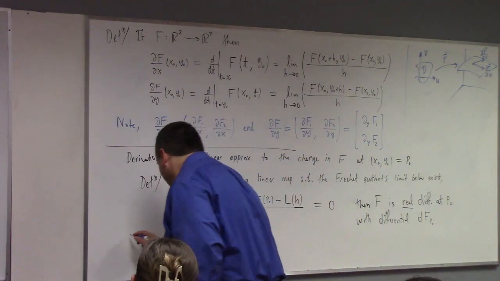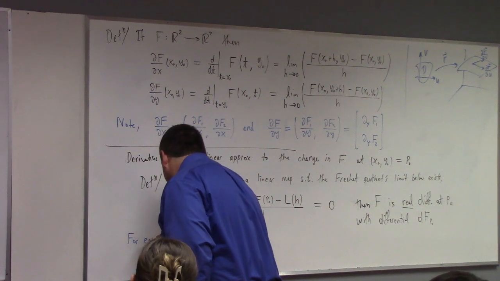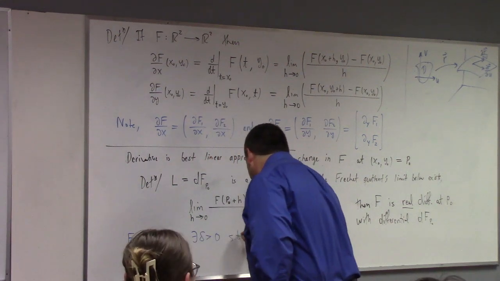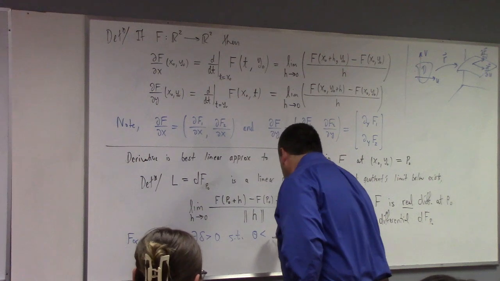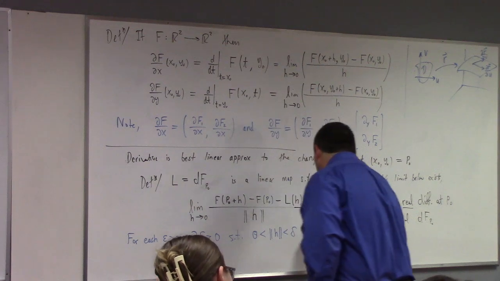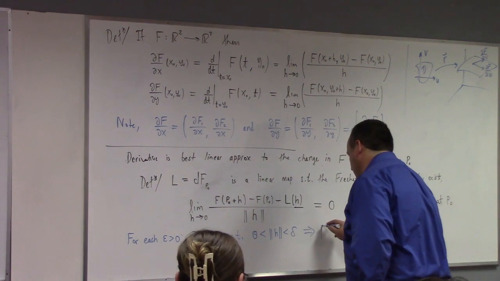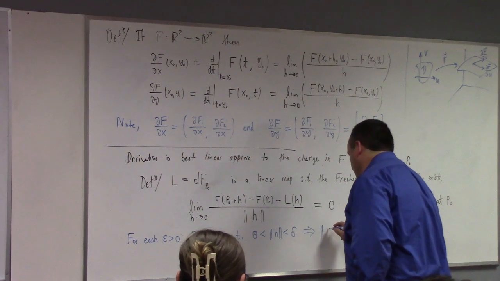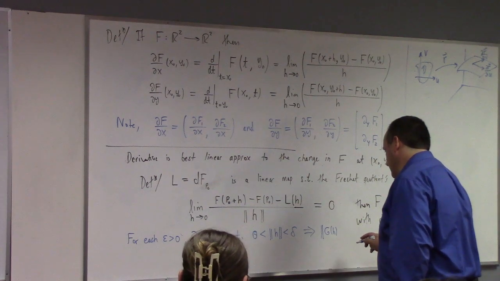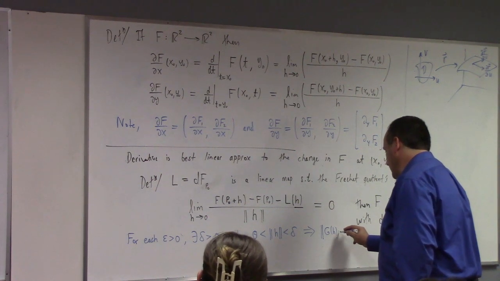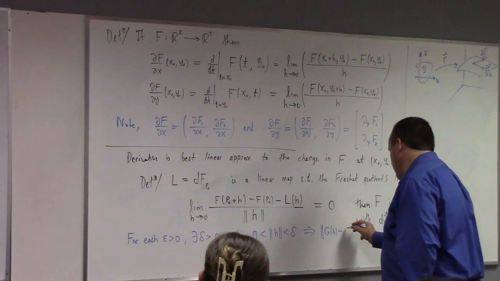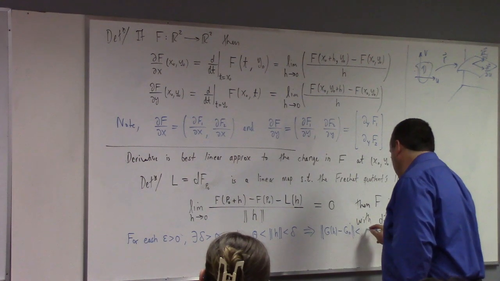What that means is that for each epsilon greater than 0, there exists a delta greater than 0 such that 0 less than the norm of h less than delta implies that the norm of g of h minus, well, I use L in a different sense here, g naught, there we go, is less than epsilon.